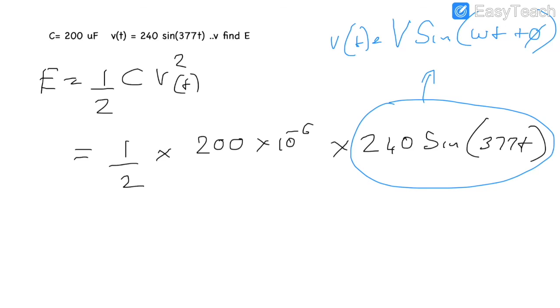The phase shift is 0 in this case. T is as it is, omega is 377 radians per second, and your V is 240 volts.